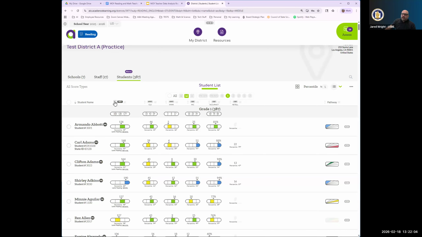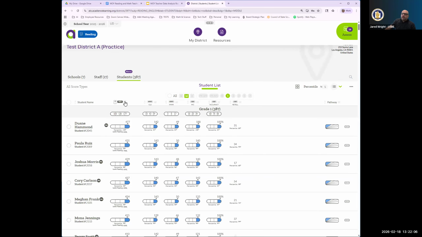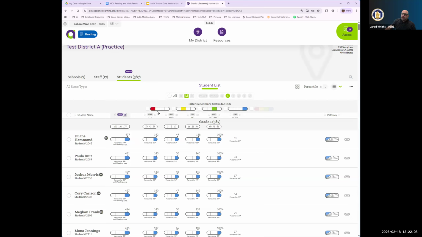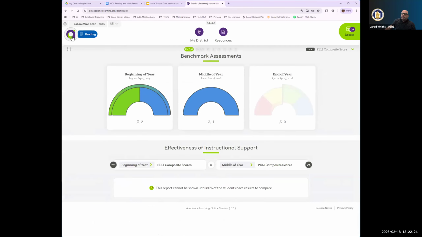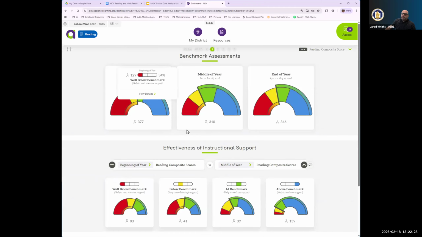I can sort that, and I can filter for whatever performance level I'm looking for. There's different ways that you can sort it, but that's where the composite score is if I'm looking for individual students. But as far as the overall, probably the best option is going here to this dashboard.